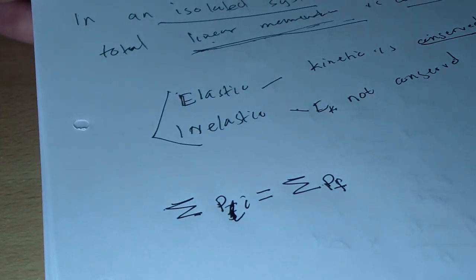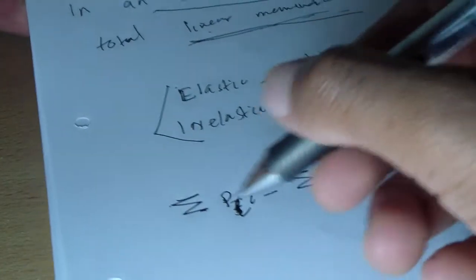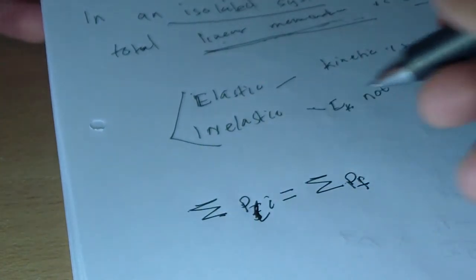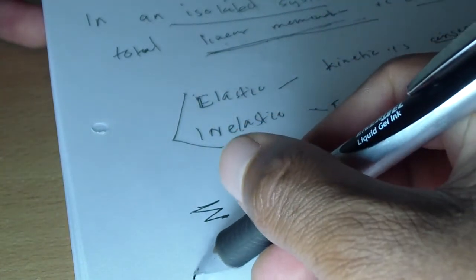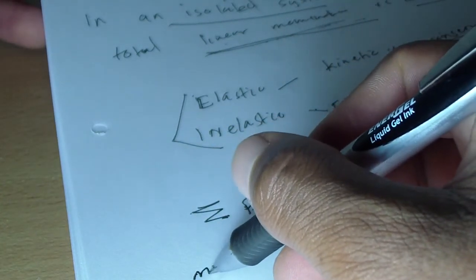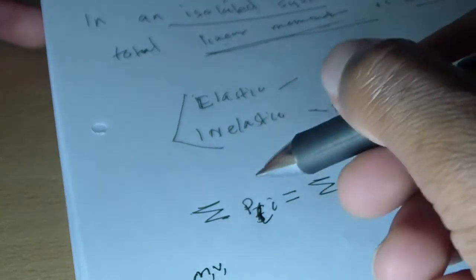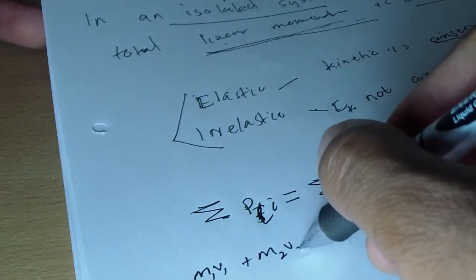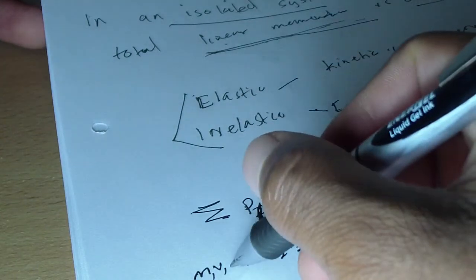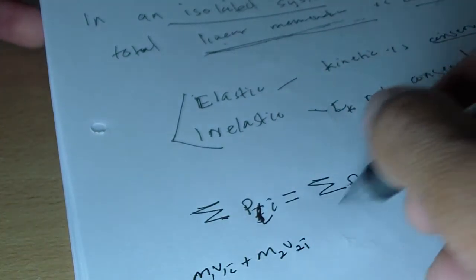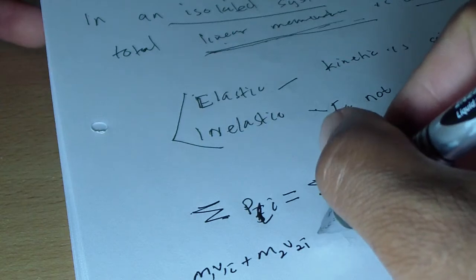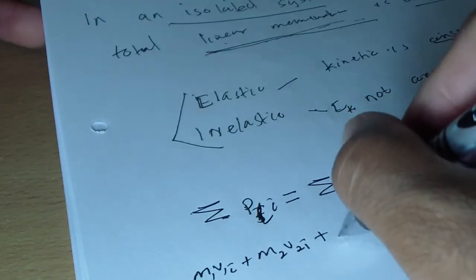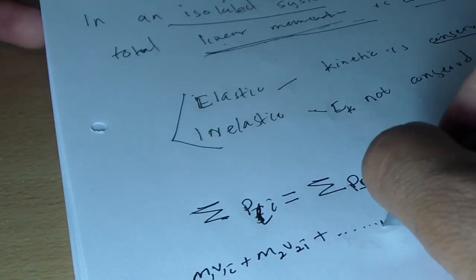So what does that mean? Let's assume we've got multiple bodies, so I can have mass times velocity of, say, object 1, plus that of object 2. So this is initial, then maybe plus other bodies up to n bodies.